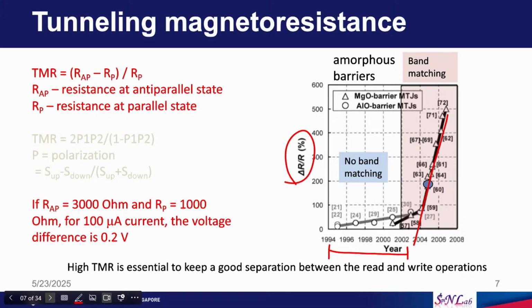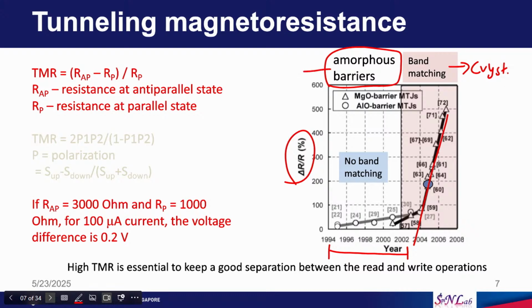Okay. So, in this region 1994 to 2004, people were looking at amorphous material as the barrier layer, the tunnel barrier layer. Then somewhere in 2004, people started using crystalline material, a crystalline barrier. Okay.